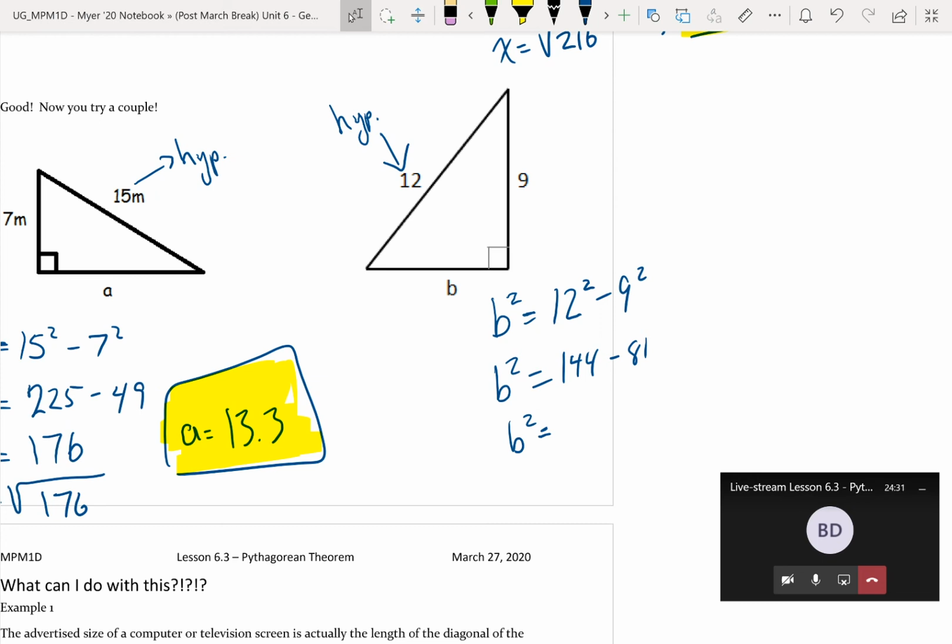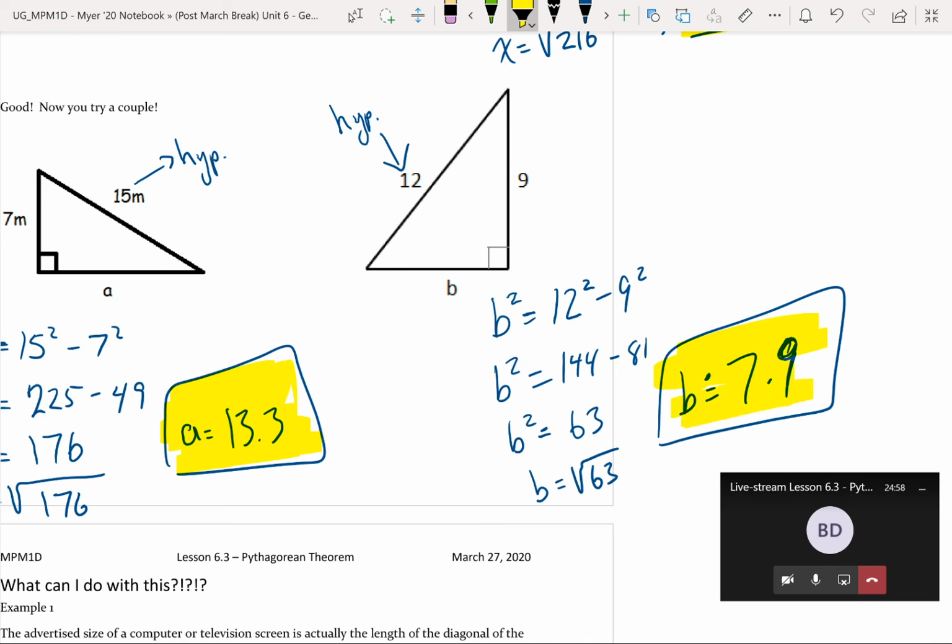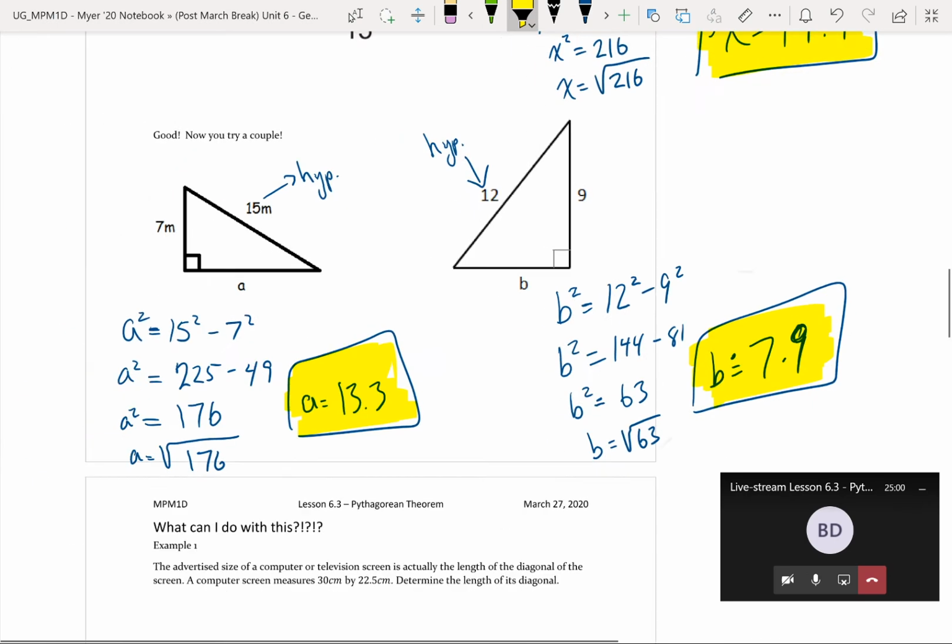And then subtract another 1, and we're at 63. So b is equal to the square root of 63. And b equals almost 8. Are we going to round off to 8? Or is it going to be 7.9? 7.9 it is. All right, so there's our answers.